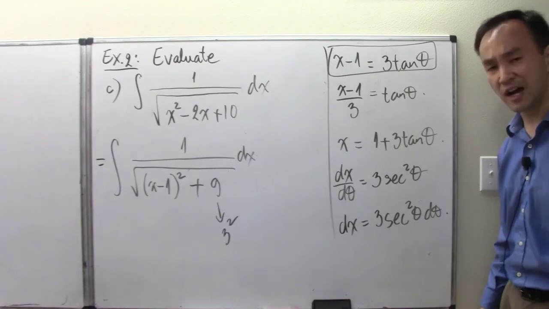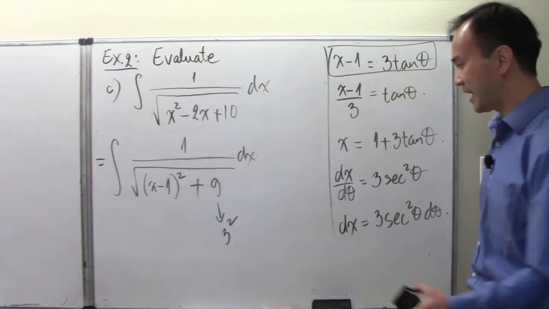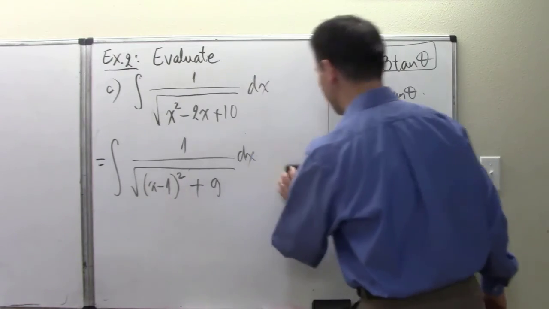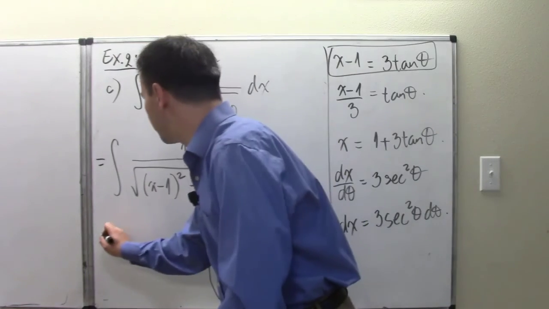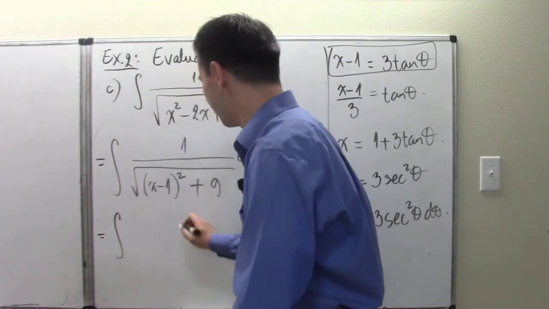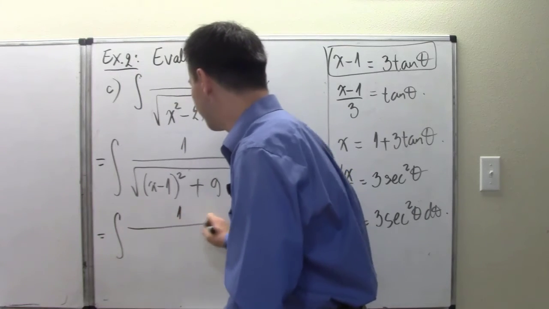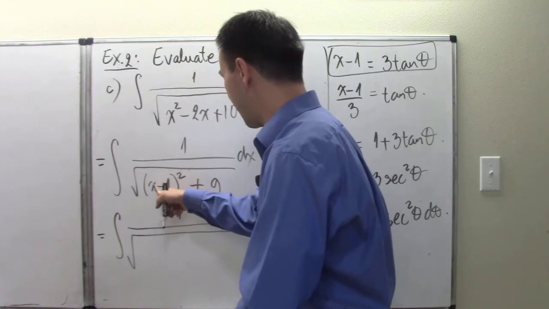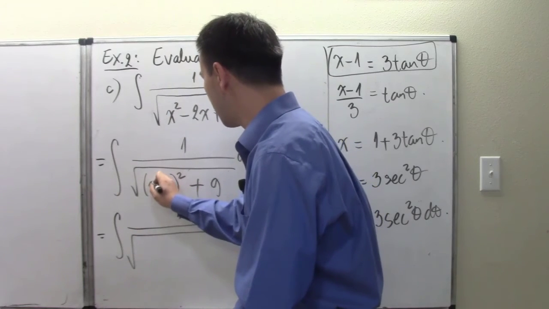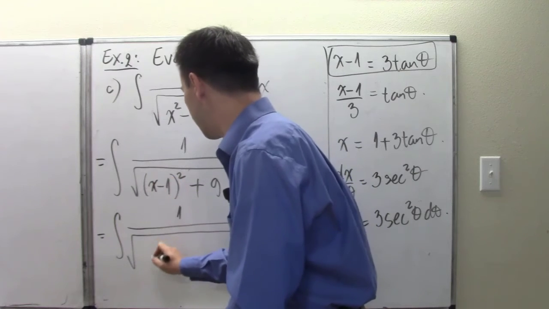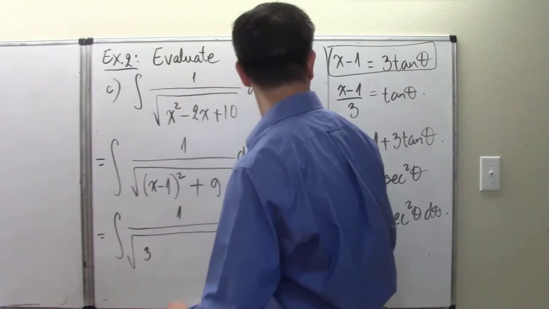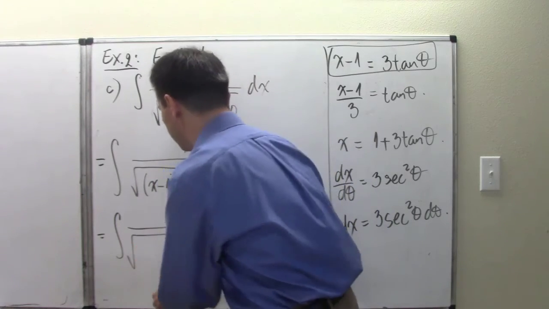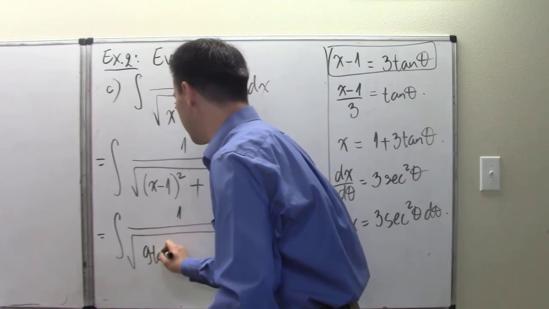Okay, so now we are ready to do that substitution. So it's an integral of 1 over, inside of my square root, that x minus 1 all squared can be written as 3 times tangent of theta all squared, so 9 times tangent squared theta.